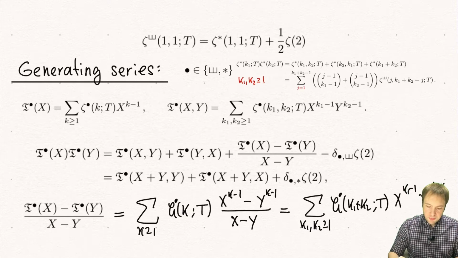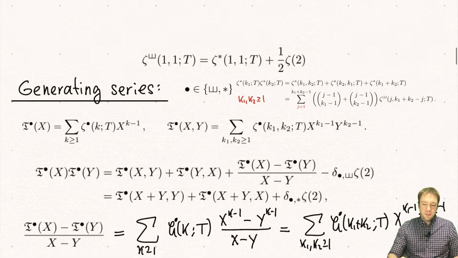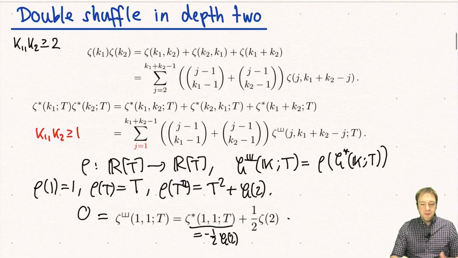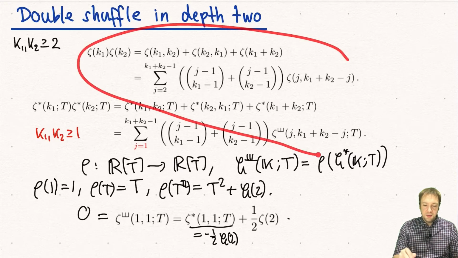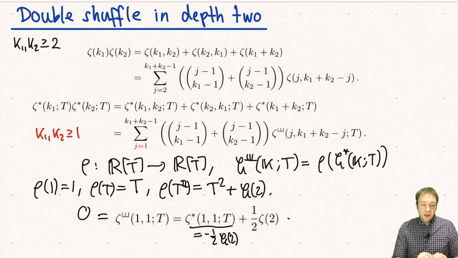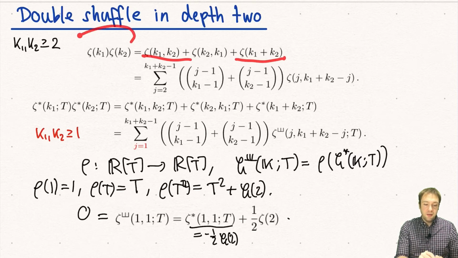Okay. So we have these double zeta values, which are real numbers and they satisfy these equations here. And now we want to consider a vector space spanned by formal symbols, which somehow correspond to these double zeta values, these single zeta values, and these products.